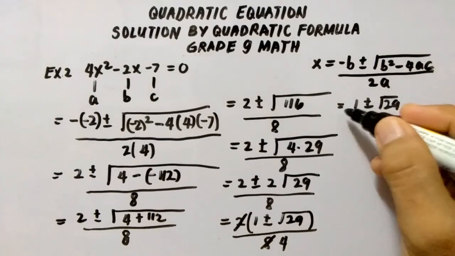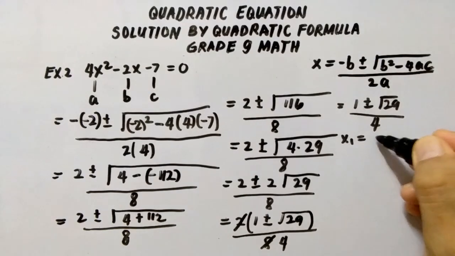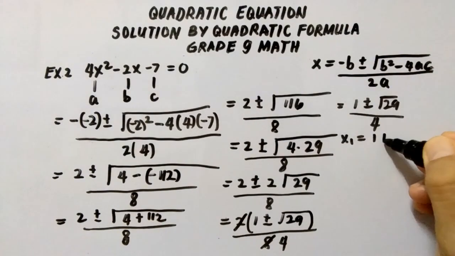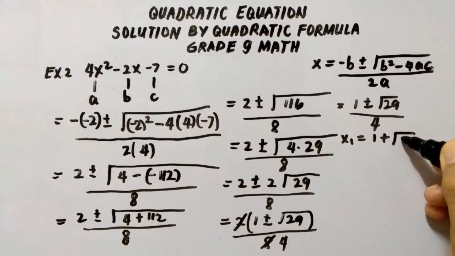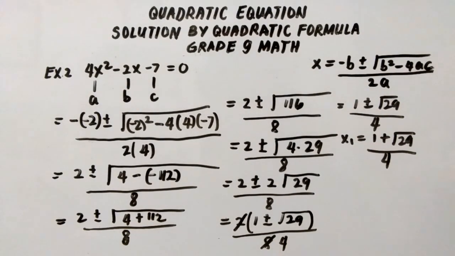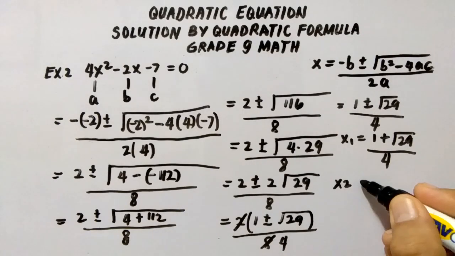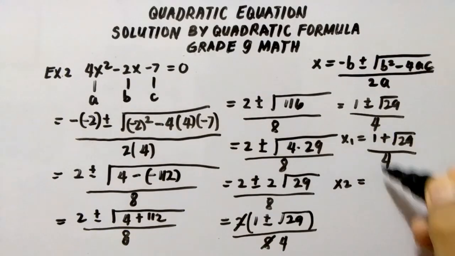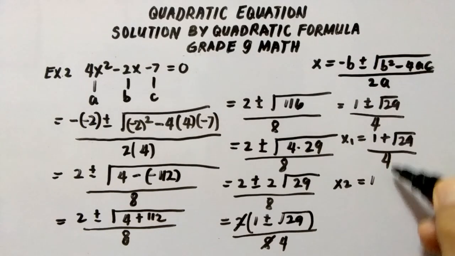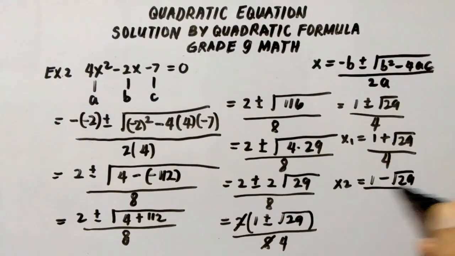Okay, so pwede na po natin kunin yung x of 1. So, x of 1 is equals to 1. Then, unahin po natin yung positive plus square root of 29 over 4. Okay, so ito po yung value ng x of 1. Then, x of 2. So, equals 1. Then, yung negative naman po, gamitin natin. Square root of 29 over 4. Okay.